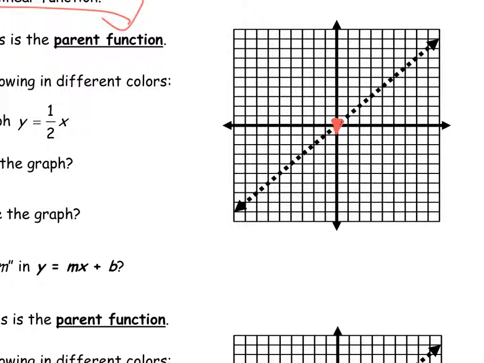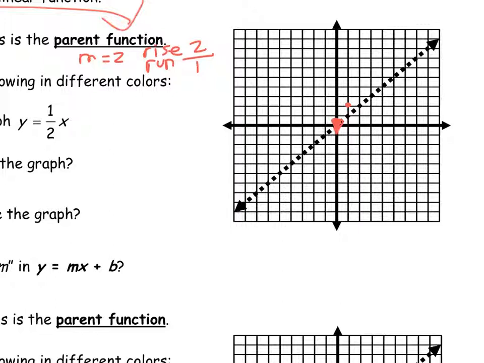If I've got m equals 2, then my rise is 2. I have to turn it back into a fraction. The only way to turn a whole number back into a fraction and keep it the same is to put it over 1. So I'm going to go up 2 over 1 and put a dot.